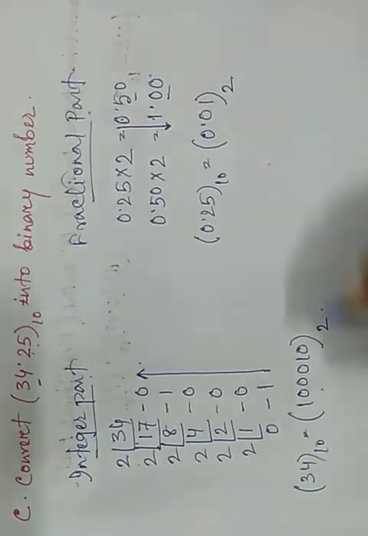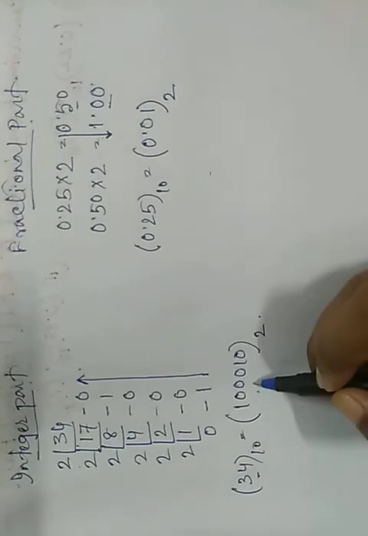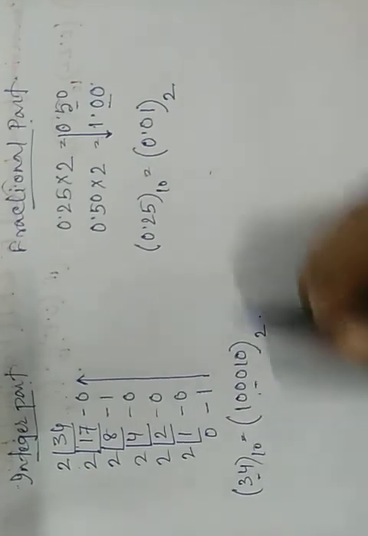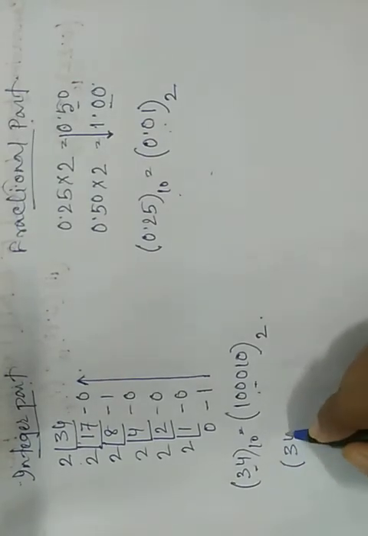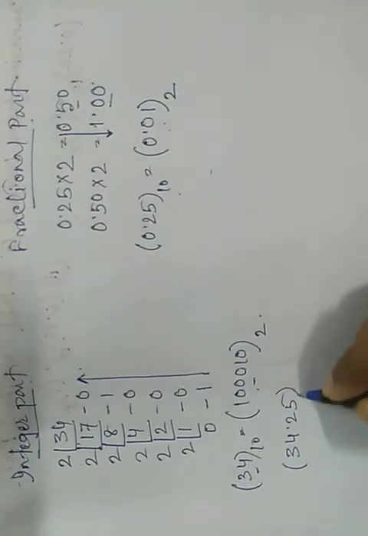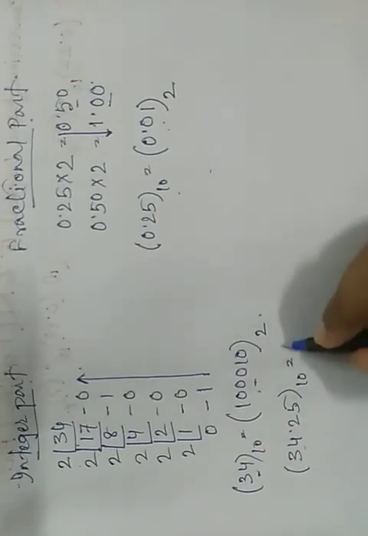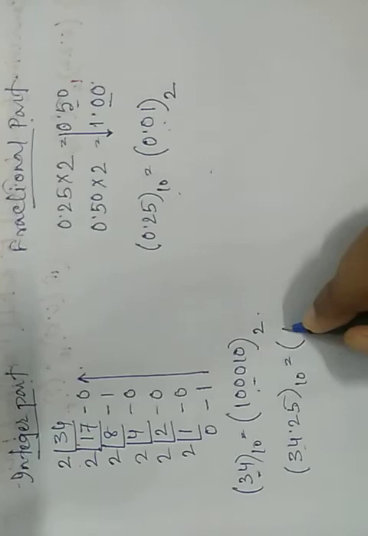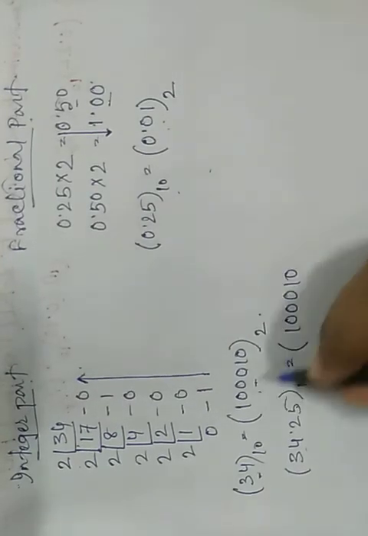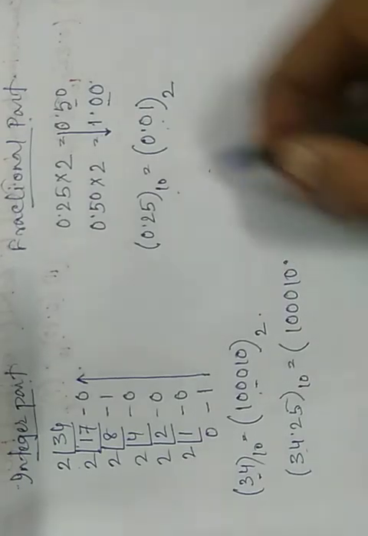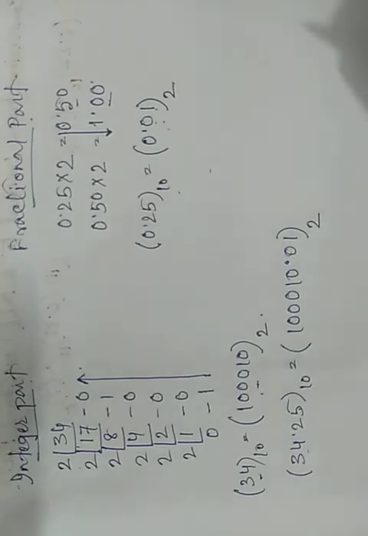Okay, so we get the binary value of the integer part and the binary value of the fractional part. Now we have to merge both because we have to write the answer for the given number. So the integer part is 100010 and the fractional part is 0.01.